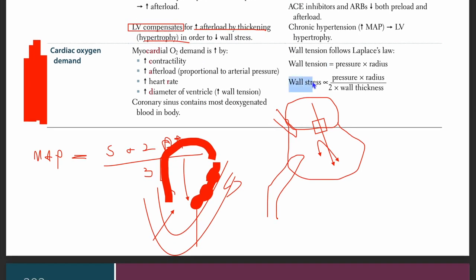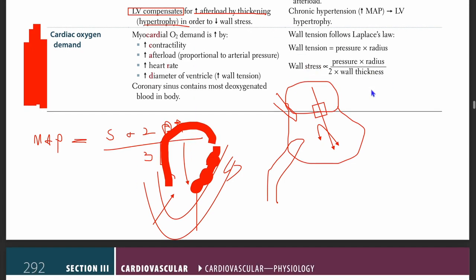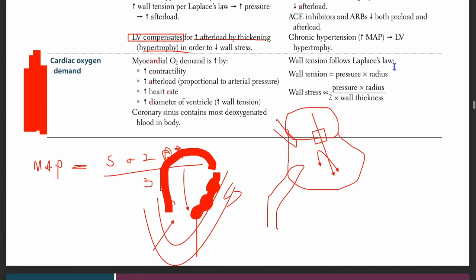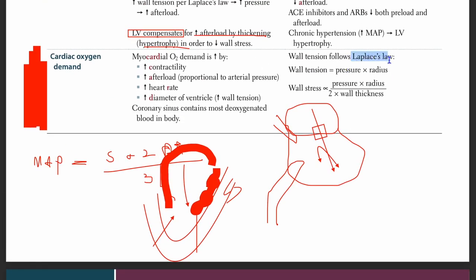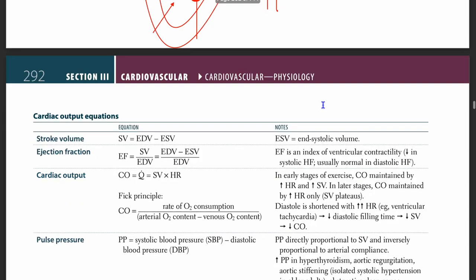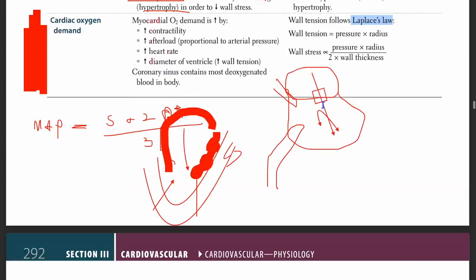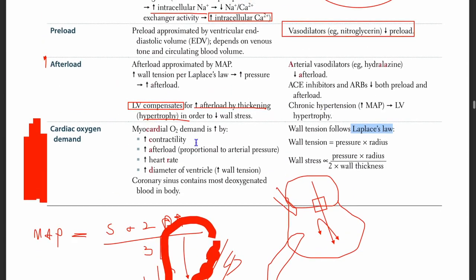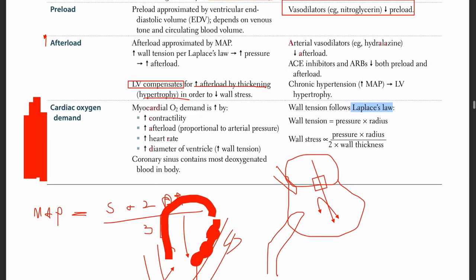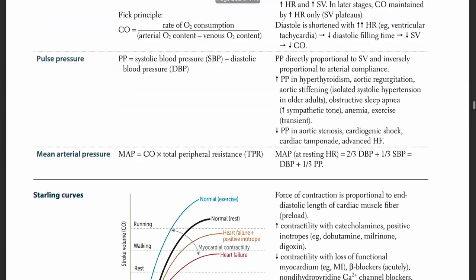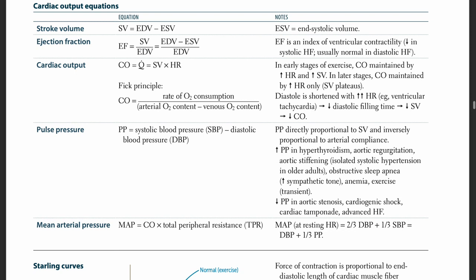So wall stress is proportional to pressure times radius divided by 2 times the wall thickness. Okay. These formulas are not really that important. Just know what the Laplace law is, or even if you don't know, just know the physics that I just taught you, and you'll be good.